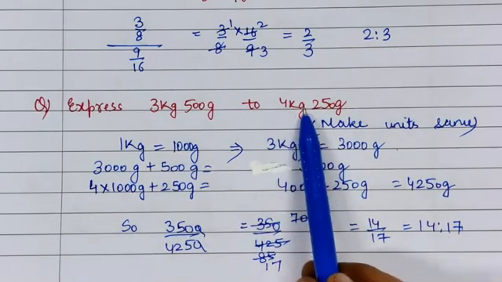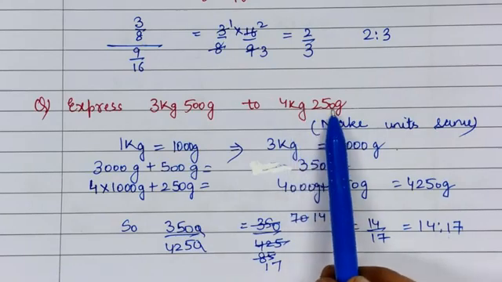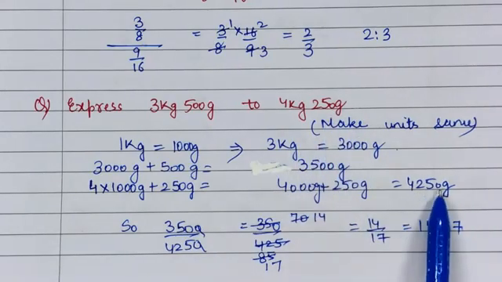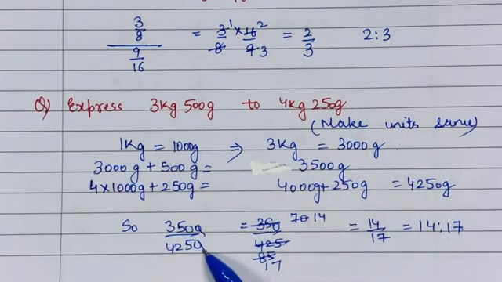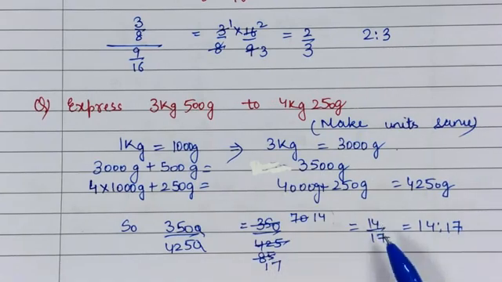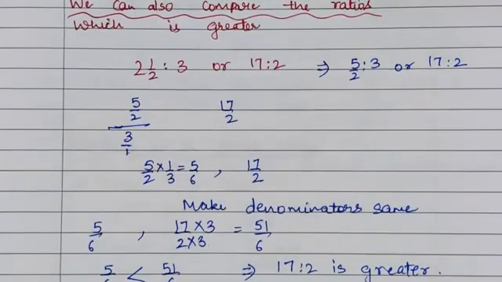Now 4 kg will be 4000 grams plus 250, that is 4250 grams. Now let us find its ratio, and on doing the cancellation, we will get 14:17. Clear?